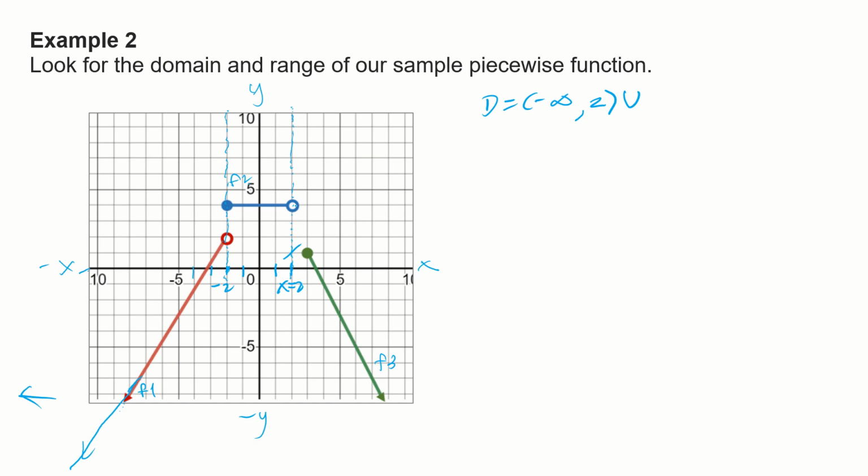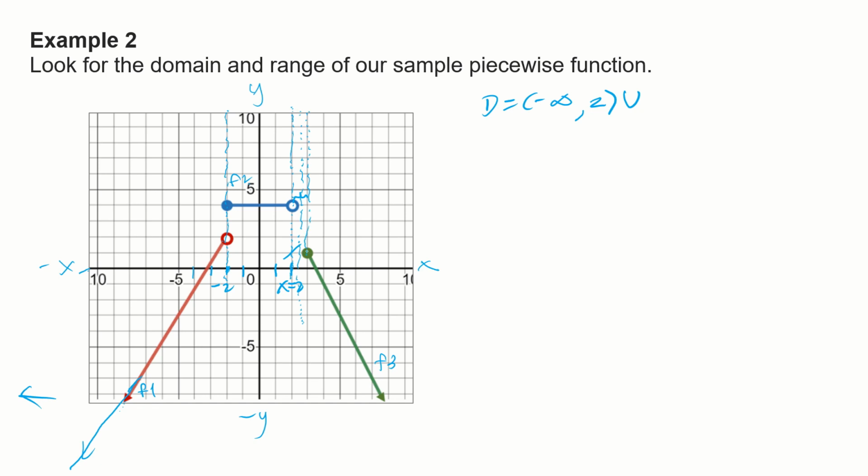Now if we look at this part from 2 to 3, there is a gap. If we draw a vertical line test between 2 and 3, there is a gap in our graph. So we move on to the part of the graph which has a value.